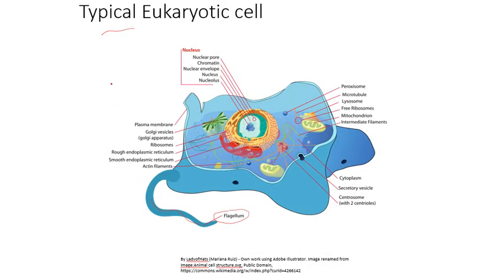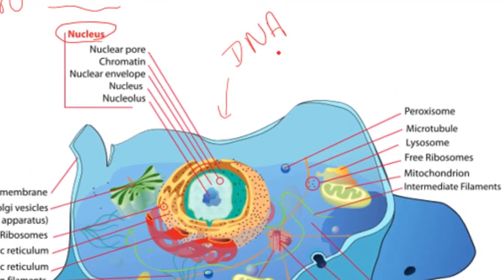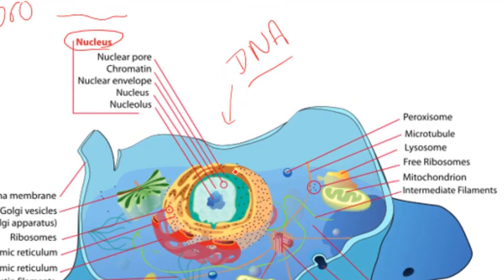Now, remember that the difference between eukaryotic cells and prokaryotic cells is the fact that eukaryotic cells do have a nucleus, and this nucleus will protect the DNA inside of that cell, right? So it will make sure that the DNA is kept in only one portion of that cell.